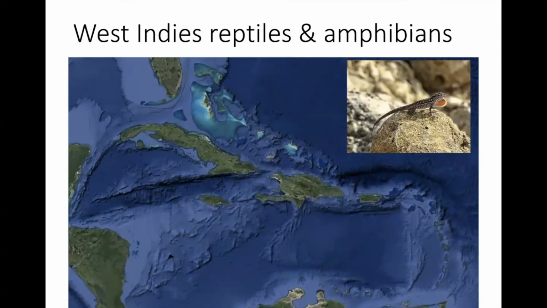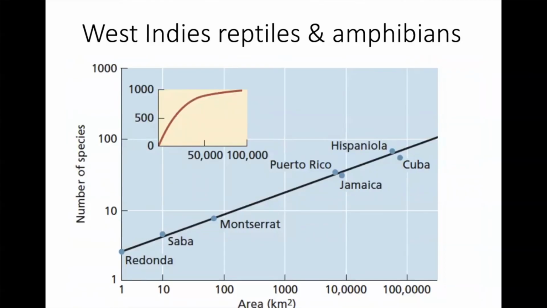These are the West Indies. So we've got the Greater Antilles, the Lesser Antilles, and the Bahamas, or what's the name of the archipelago? There's an archipelago here that includes the Bahamas and a few other islands. And together, these are all the West Indies. And we can look at an assemblage, basically the herps: lizards, snakes, frogs, all the reptiles and amphibians.